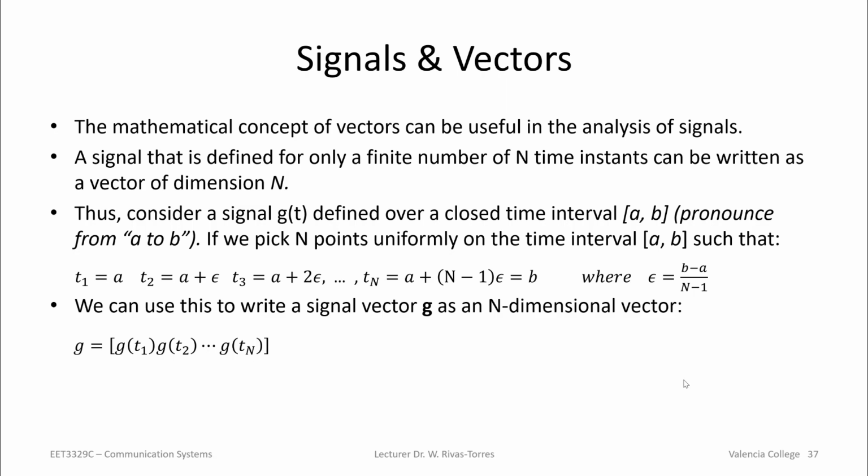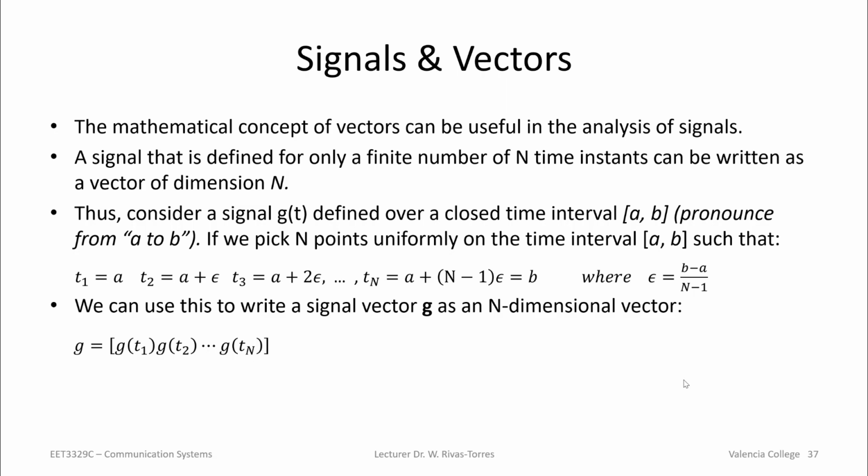Now, consider that I wanted to have something that has a finite number of n time instances. We can actually write that as a vector, because again, what is a vector but a collection of points? If you think about that long enough, you'll find that.